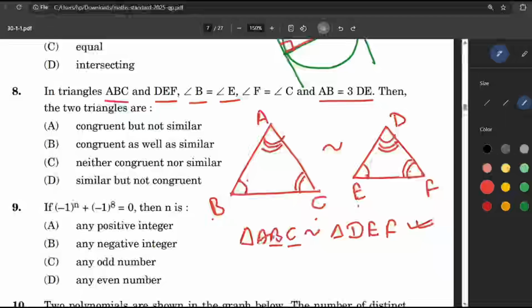But here AB is 3 times DE. Here the corresponding of AB is DE. It means AB must be equal to DE to be congruent. But note, according to this question, AB is not equal to DE. So we can say that these two triangles are only similar, but not congruent. So option A is correct.